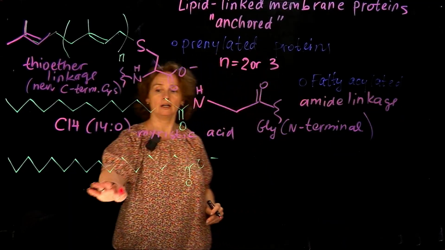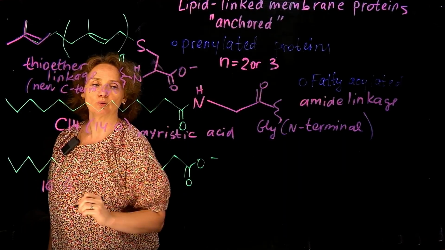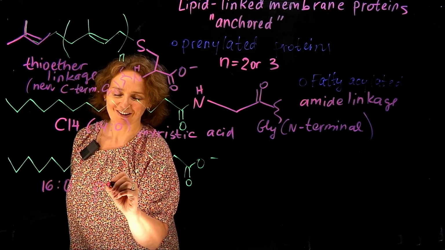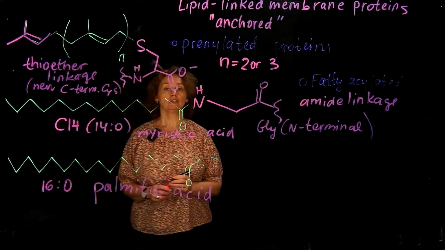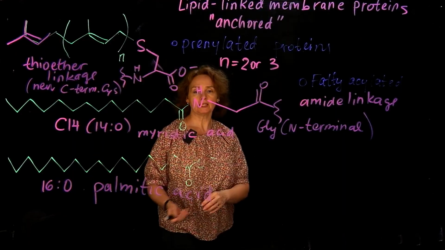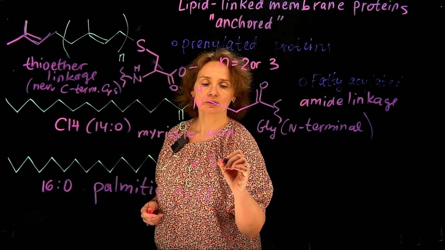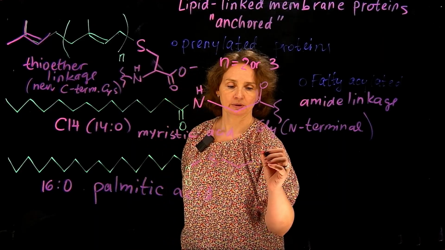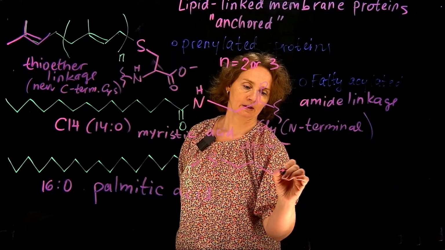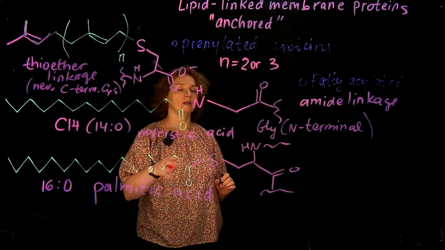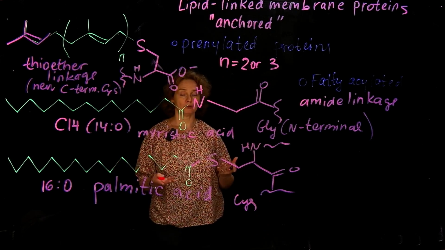And finally, a little bit longer fatty acid, the one that has 16 carbon atoms, we call palmitic acid. Even though it's a similar hydrophobic tail, the attachment here is via thioester group, and you have a cysteine residue that can be in the middle of the protein polypeptide chain.